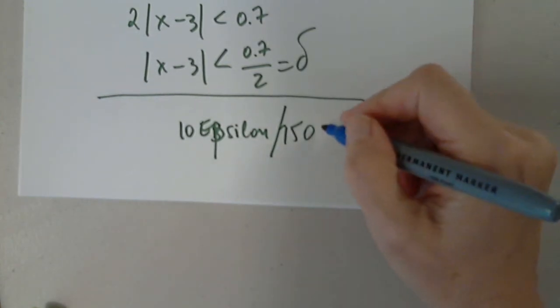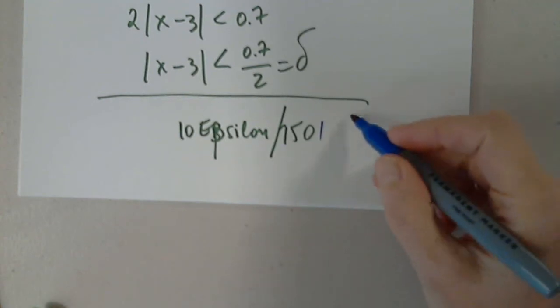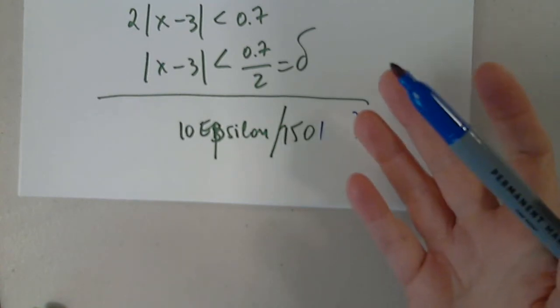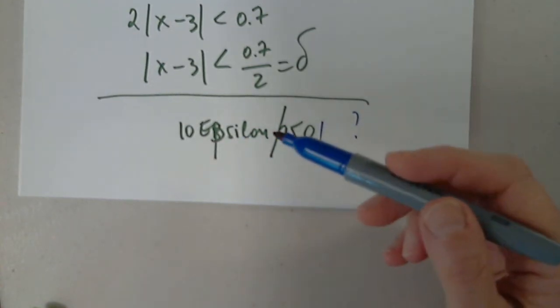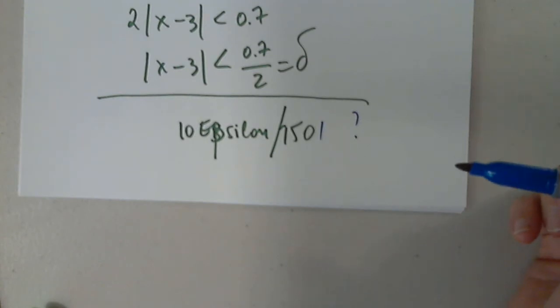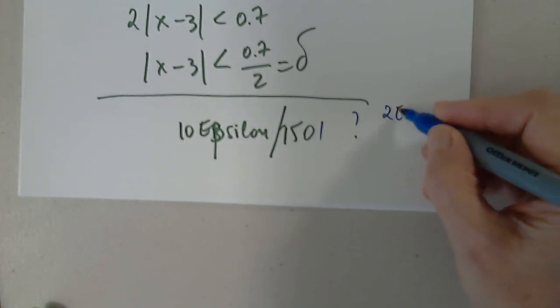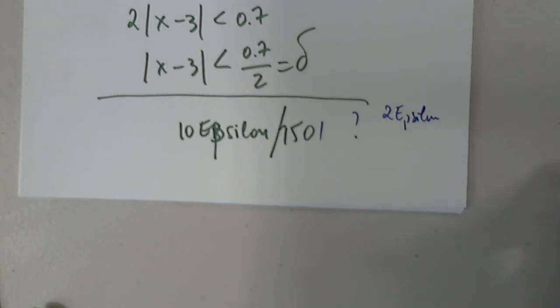I just went with 115. I just made stuff up. I just didn't want it to be simplified, so we have to put it fully simplified. So if it's a fraction, just write epsilon over whatever. If it's not a fraction, just write 2 epsilon, for example.